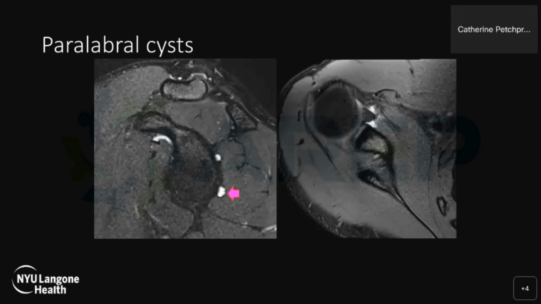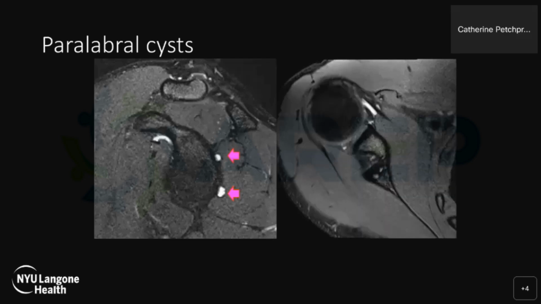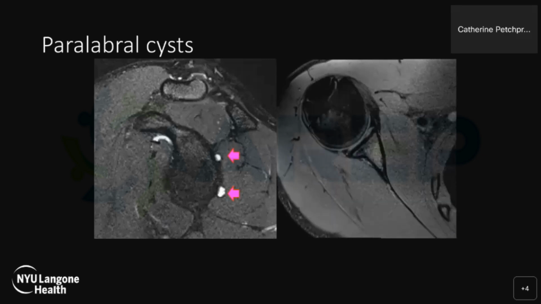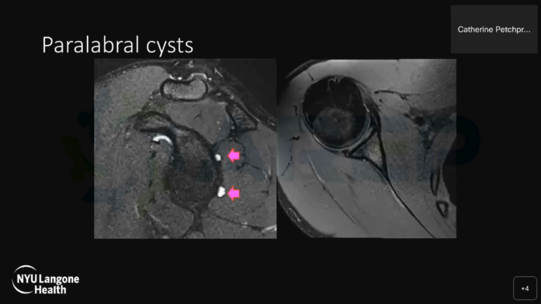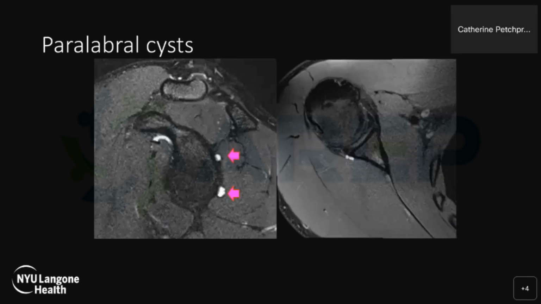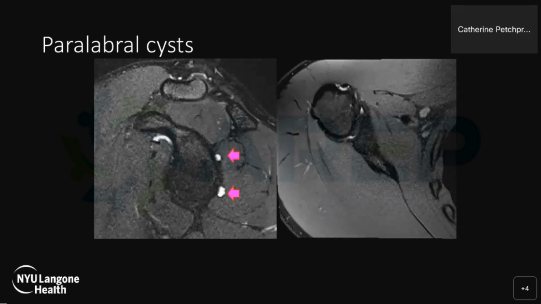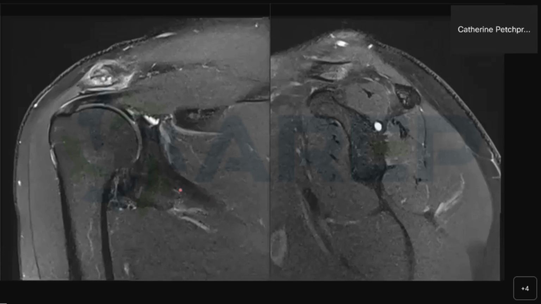The presence of a paralabral cyst is also an important clue that a labral tear is present. Here, a sagittal oblique image shows another patient's paralabral cyst in the posterior superior quadrant.